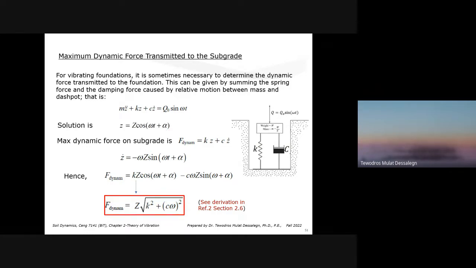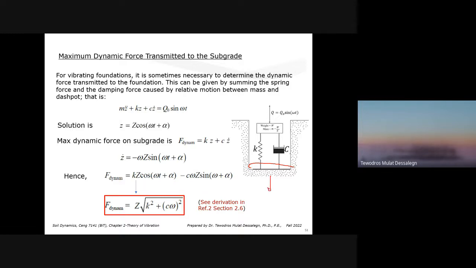That leads us to a point: what is the maximum dynamic force transmitted to the subgrade? That's more our interest as geotechnical engineers. If we know these motion properties and the solution of this equation, then our interest is, okay, what is the maximum force from this machine foundation vibration going to the subgrade?